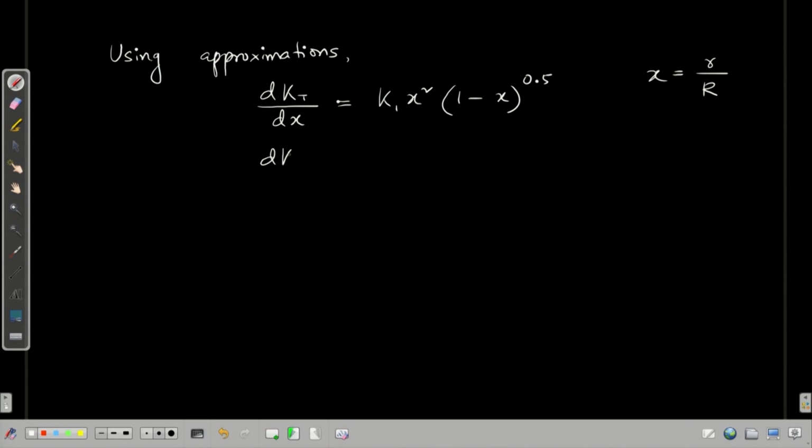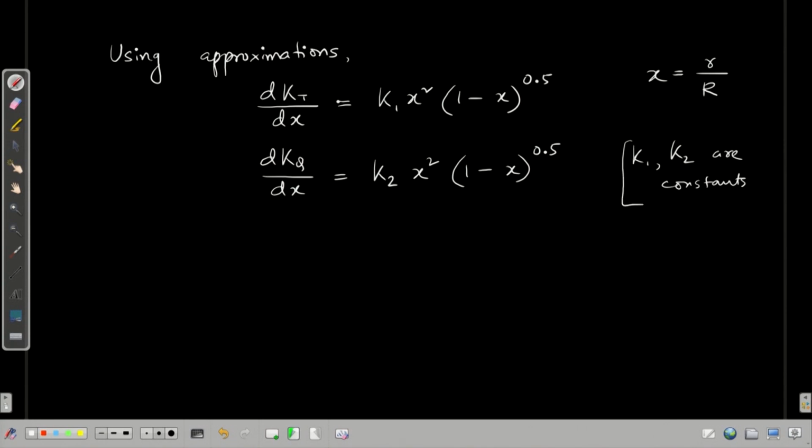Similarly, for torque it is written in a very similar way using k2 as the constant. So, k1, k2 are constants.